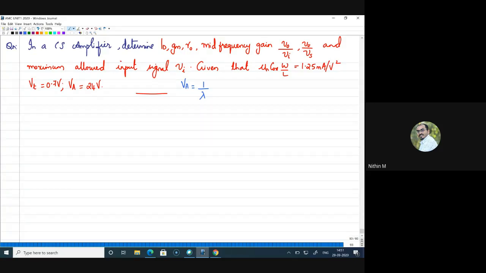Right. So let me give the question. So question is given as, this is a transistor, source is connected to ground.